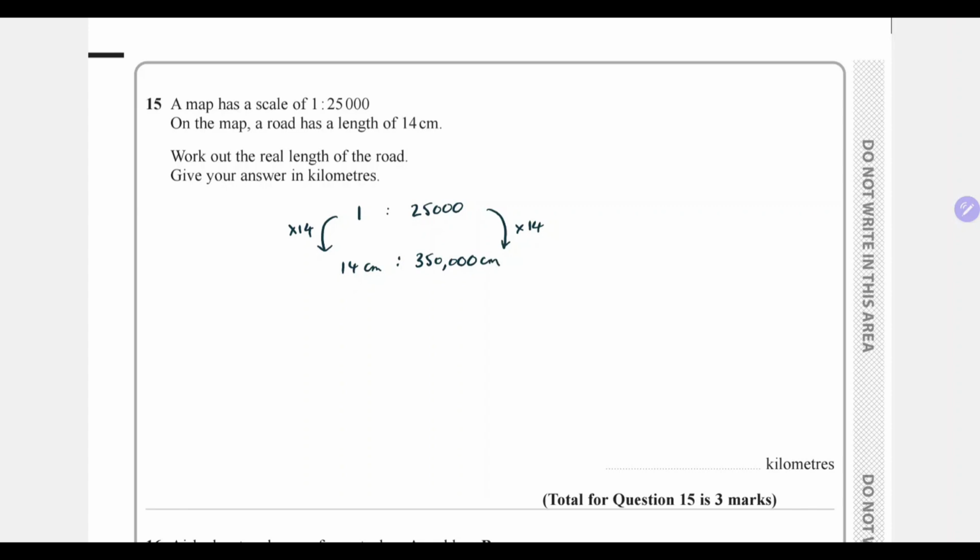The next part of the question is asking us to give our answer in kilometers. So to convert from centimeters to kilometers, we need to divide by 100,000. So 350,000 centimeters divided by 100,000 gives us 3.5. So the answer is 3.5 kilometers.